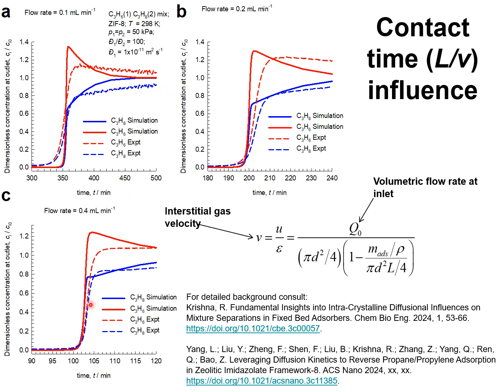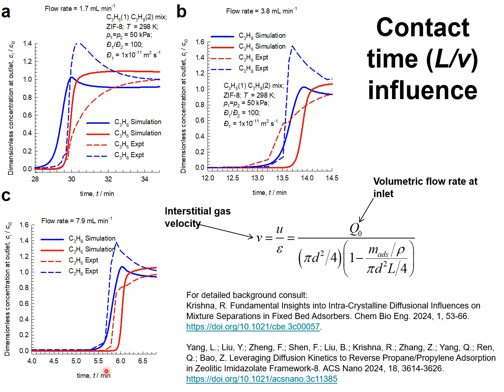In order to increase the diffusional resistance, we need to employ higher gas flow rates, i.e. shorter contact times. Here are set up 3 experiments at higher flow rates of 1.7 milliliters per minute, 3.8 milliliters per minute, and 7.9 milliliters per minute.